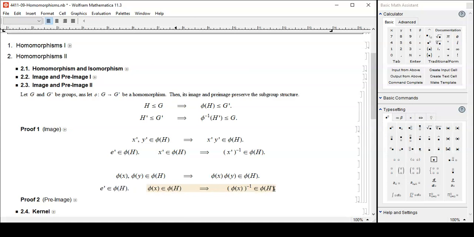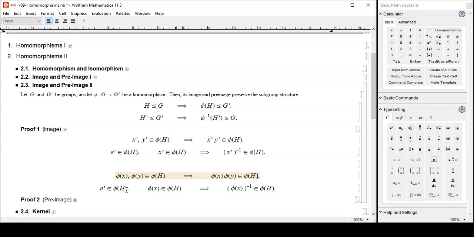So it turns out this and that can be written as this, using the idea of the image. Makes sense? Here, I didn't use that phi of H is an image, just any X prime, Y prime. Here, I used the fact that phi of H is indeed an image, so an element here is of this kind of form, function value form.